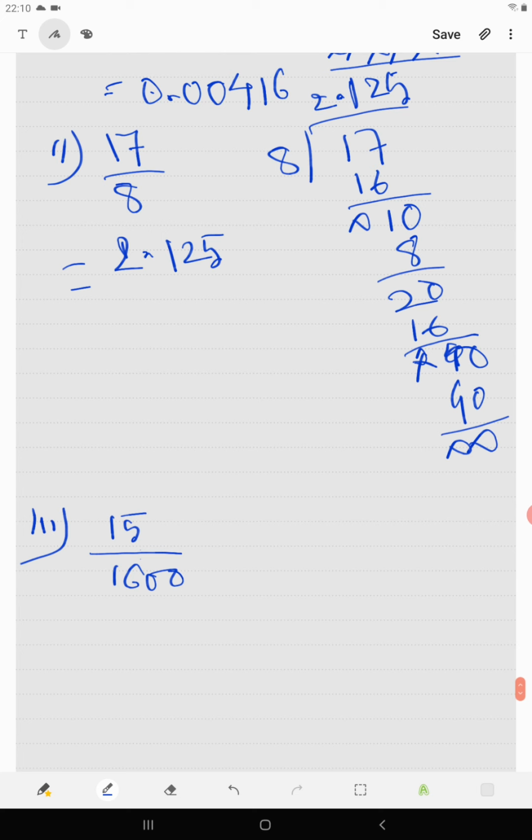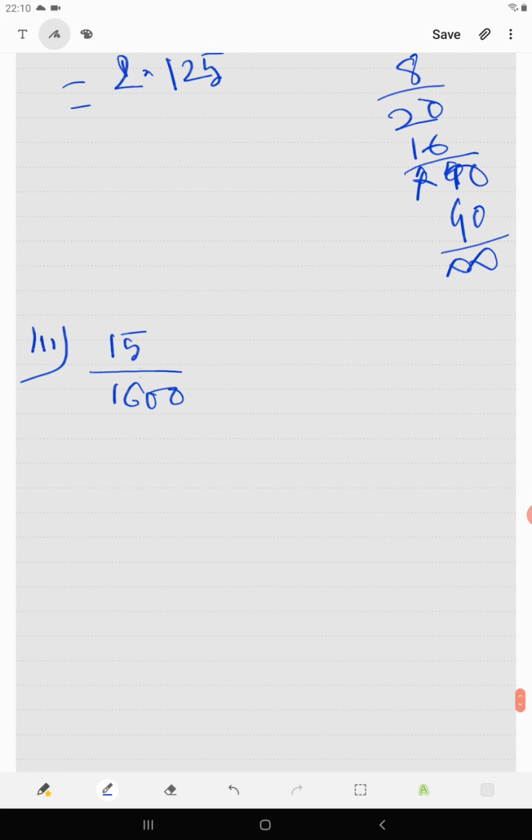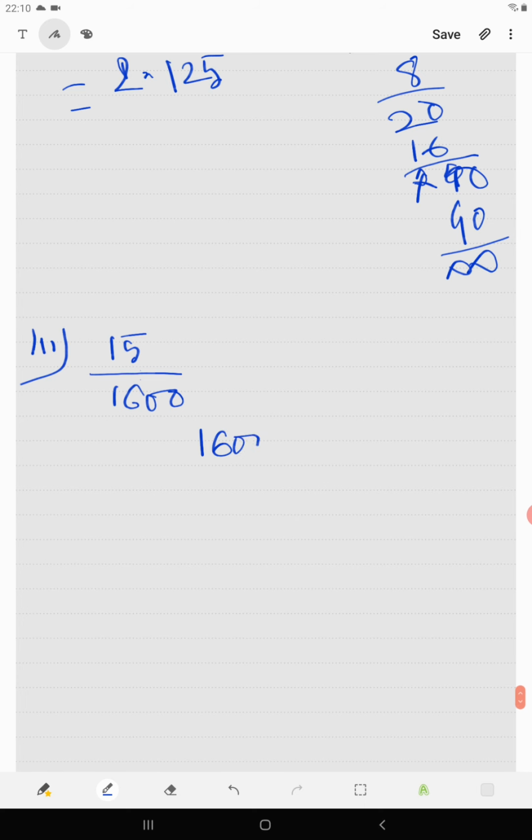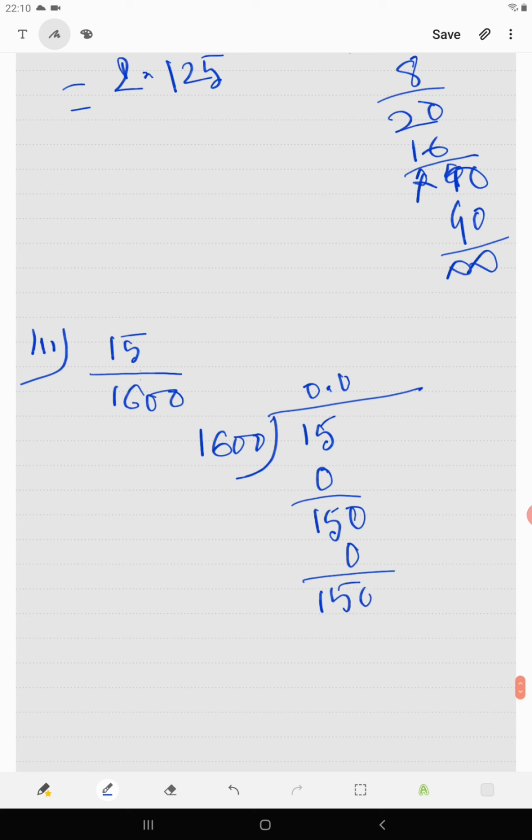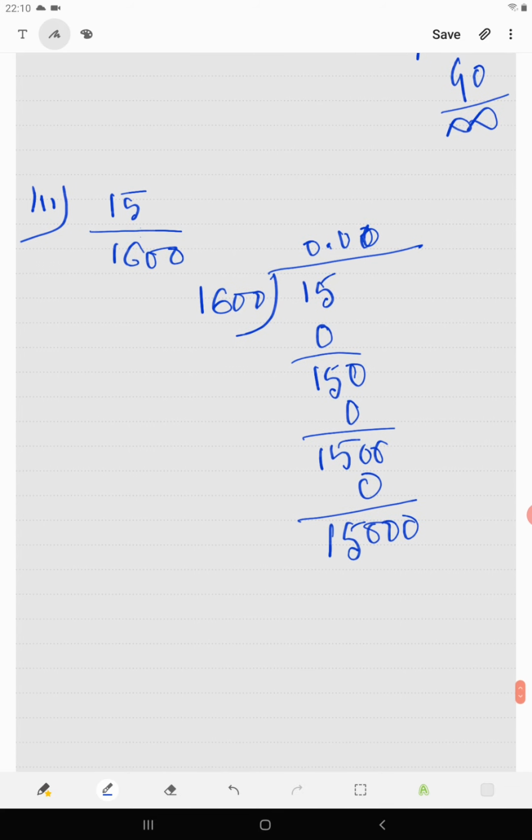Okay, so let's divide 15 by 1600. So first is 0, we got 15.0, again less than 1600, so it will go by 0, 150, 0 will come, again this is less than 1600, so 0 will be over here, 1600 into 0 is 0, so 1500, now comes 0 again.